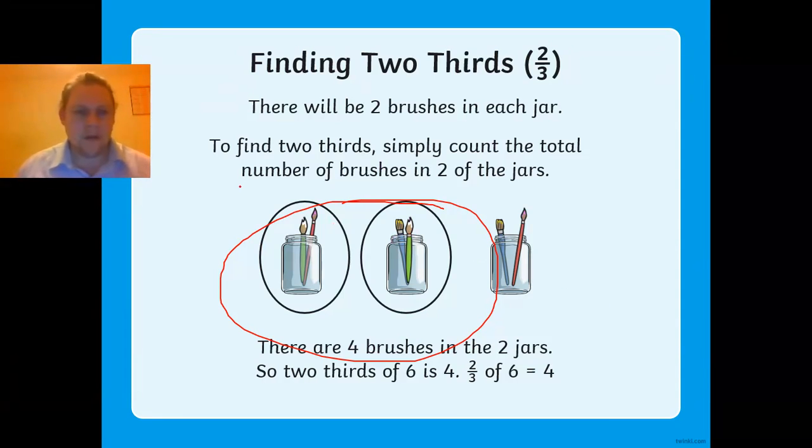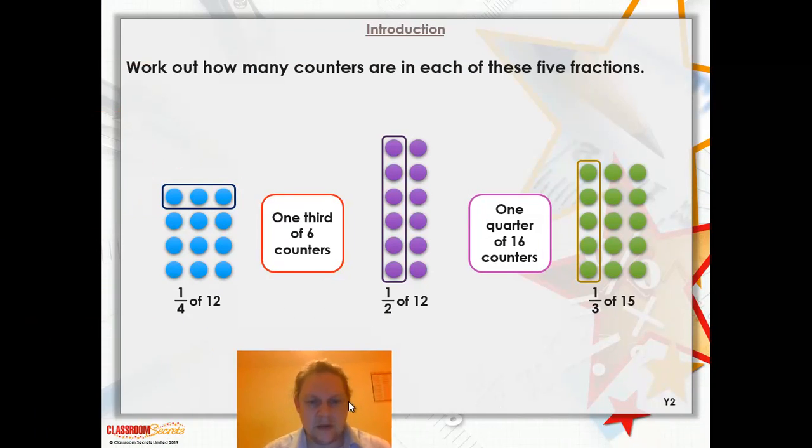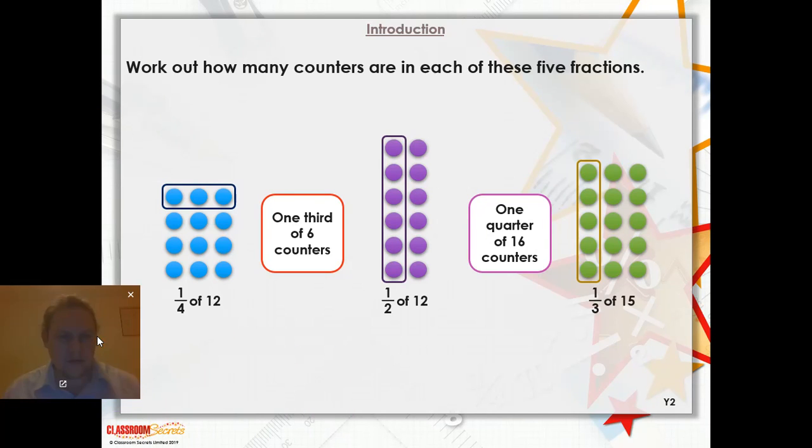All right. Let's have a look at these ones now. See if we can get the answers. Work out how many counters are in each of these 5 fractions. 1/4 of 12.